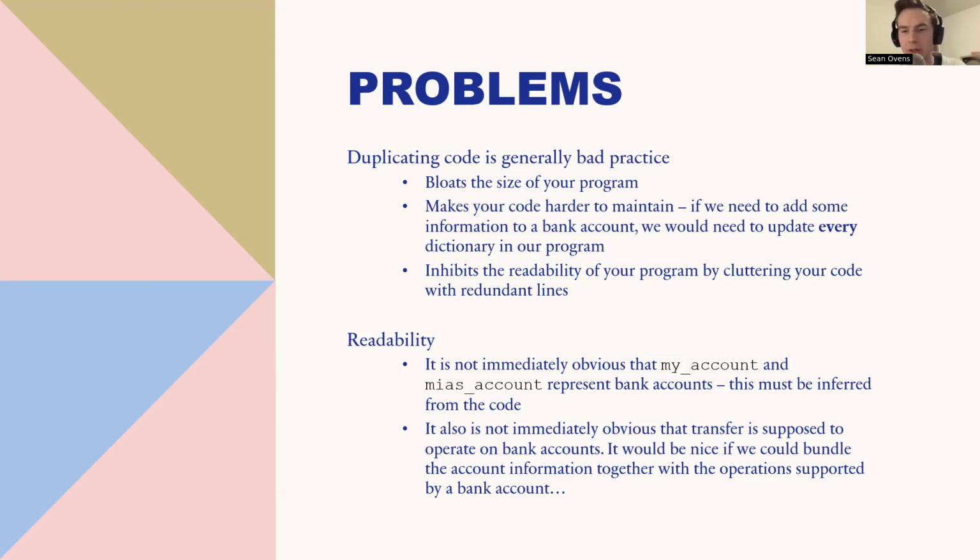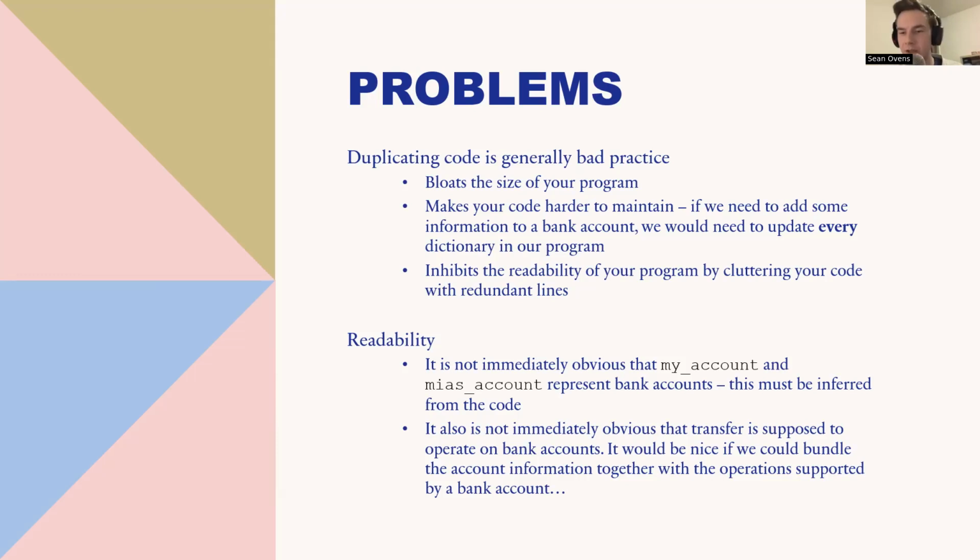First of all, it unnecessarily increases the size of your program. You're just adding a bunch of lines. It also makes your code a lot more difficult to maintain. So what do I mean by that? For example, let's suppose we wanted to add another piece of information to our bank accounts, for example, an interest rate, if we're trying to represent savings accounts.